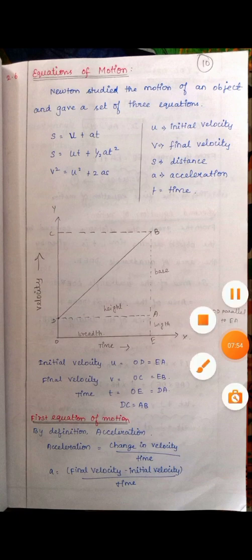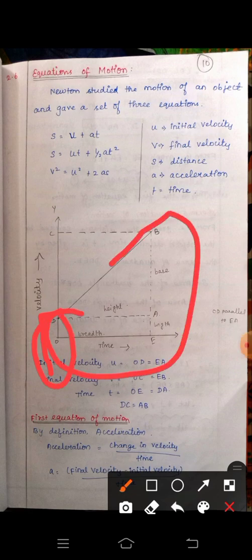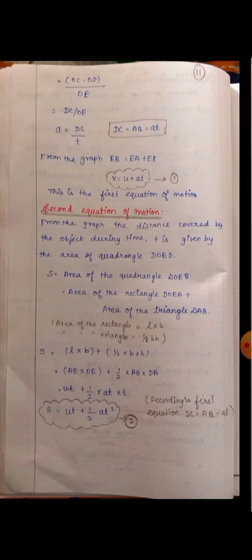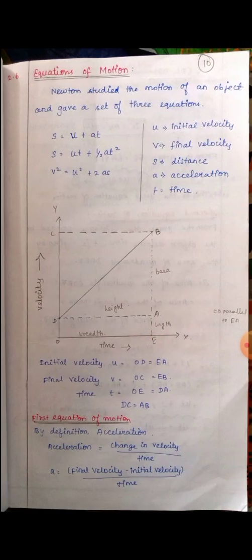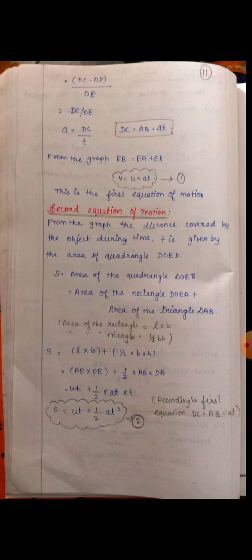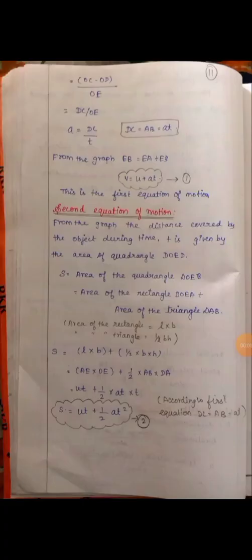Now, S is equal to the area of the quadrangle DOEB, which is the area of the rectangle DOEA plus the area of the triangle DAB.